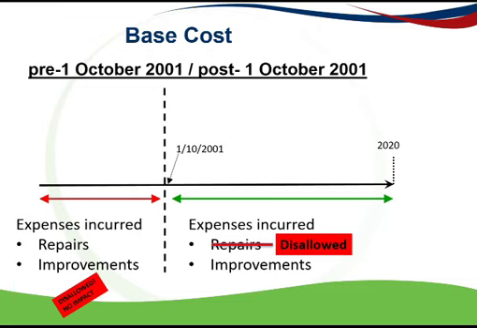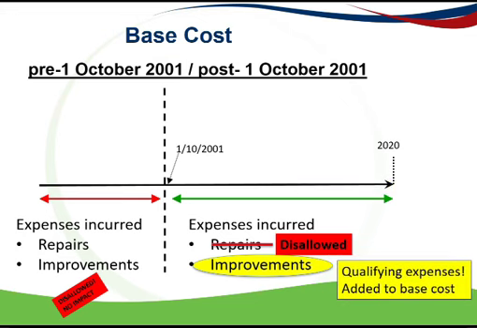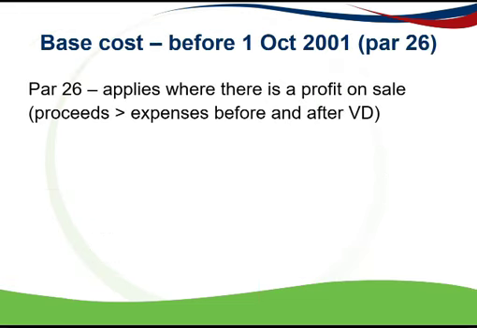They keep the asset running, so they're not allowed to be added to the base cost, but any improvements to the asset are allowed to be added. And all these qualifying improvements or expenses in relation to improvements are added to the base cost. So the proceeds are kept as gross proceeds, the amount you receive for selling the asset, less any expense.